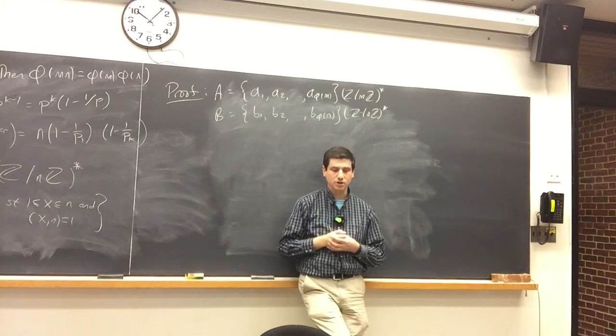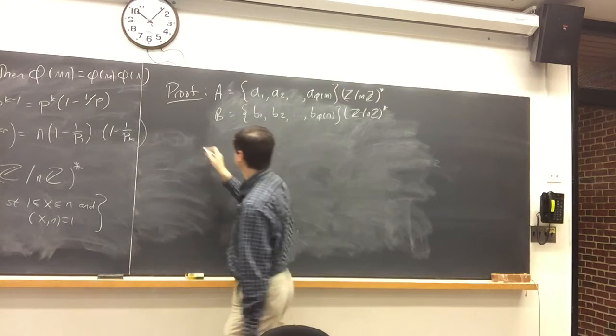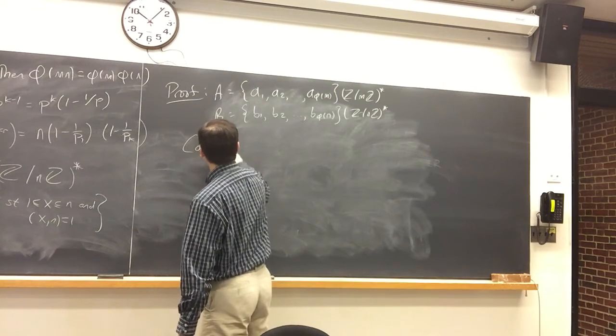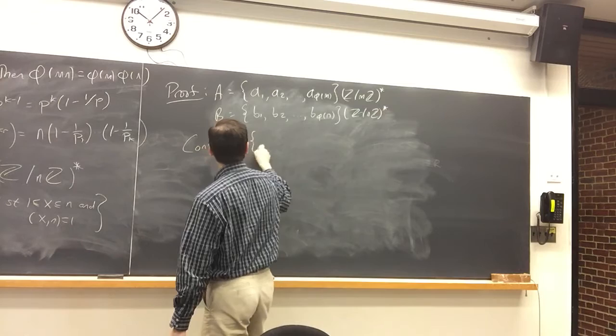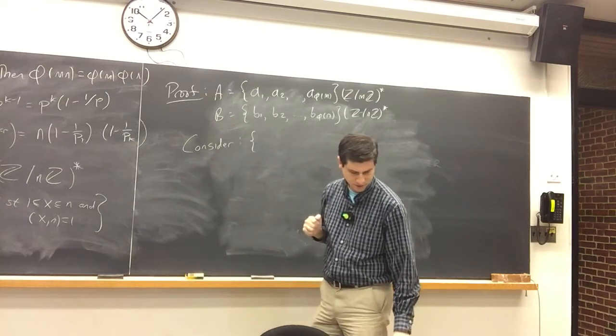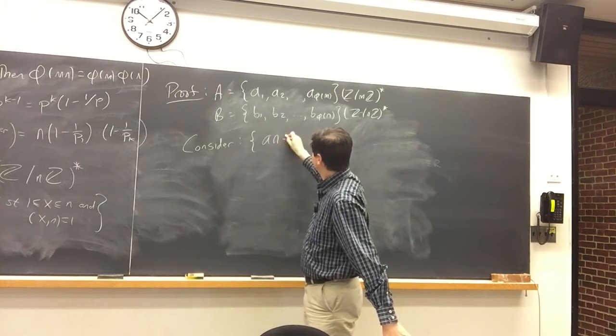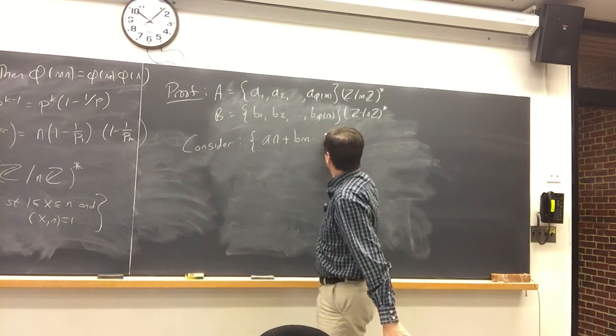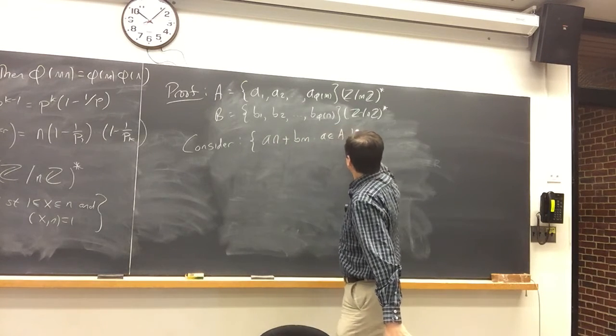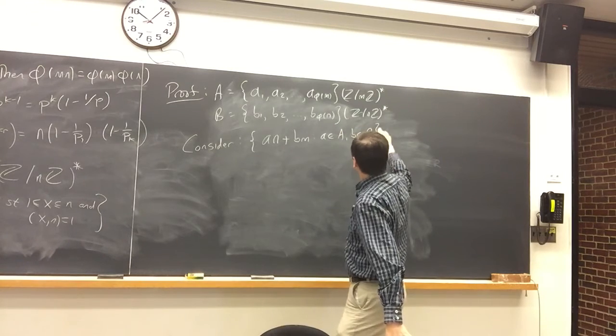And now I want to look at linear combinations. So consider all numbers of the form an plus bm, where a is in A, b is in B.